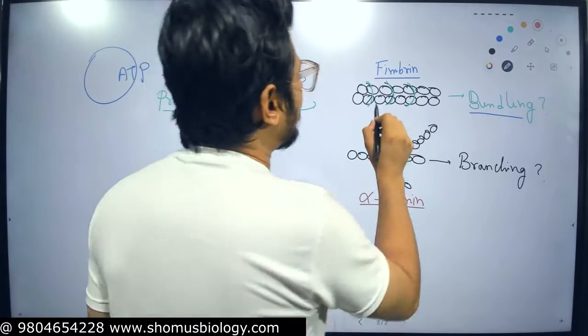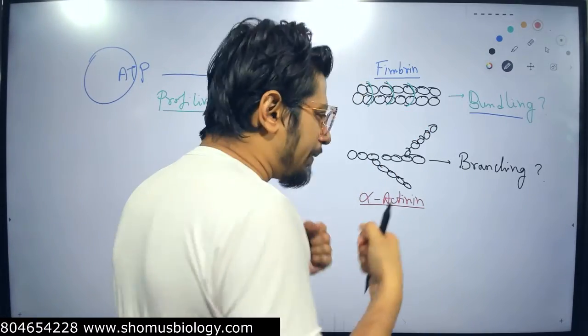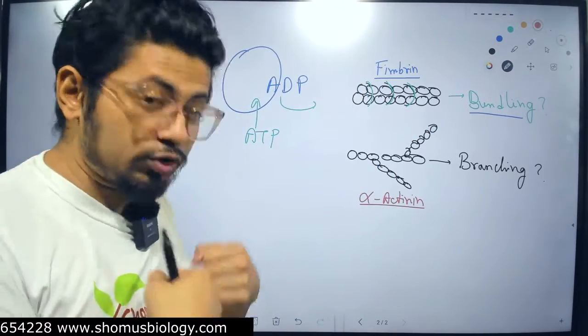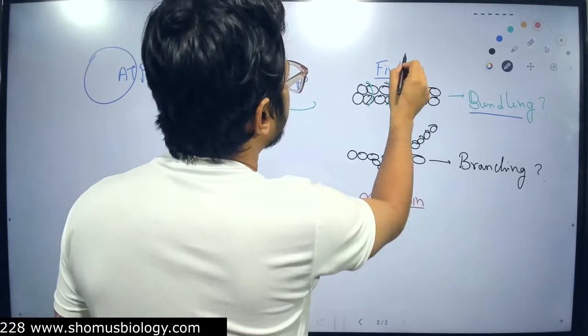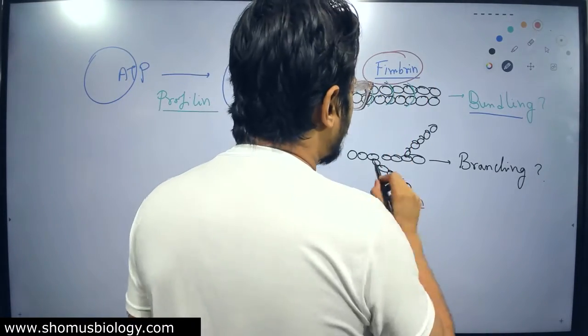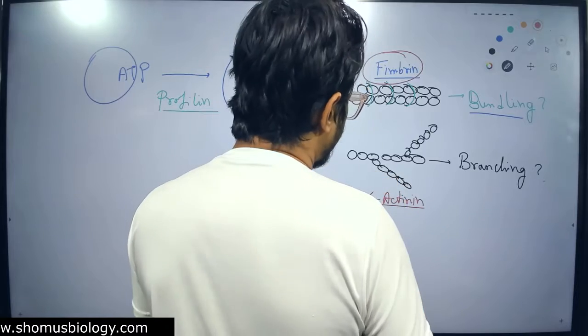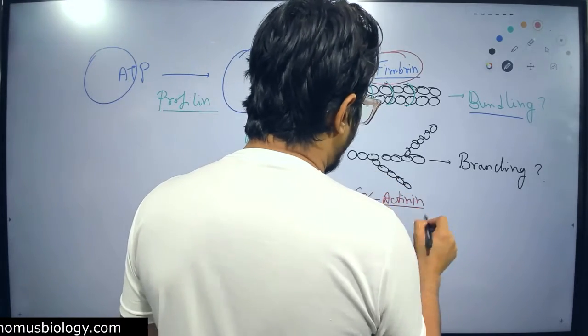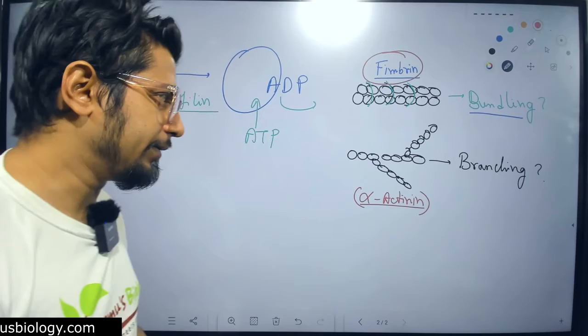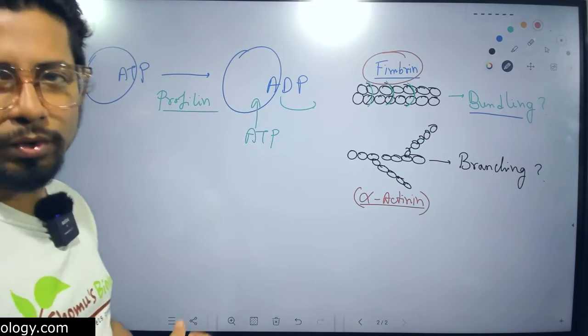Okay. So the bundling event is possible to make the structure more strong, and that's why we have fimbrin protein involved. But for branching, that is also possible by the protein alpha actinin. Okay, both of them involved in their own approaches.